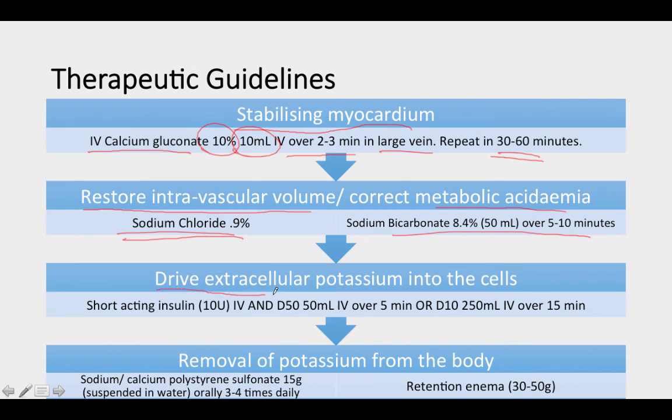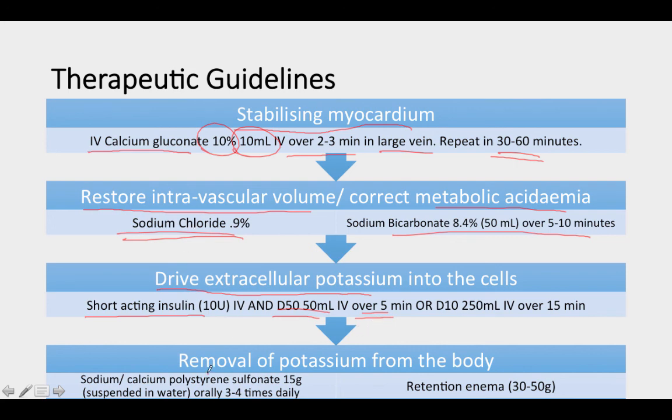Then to drive the extracellular potassium into the cells, we use short-acting insulins like Novorapid with D50 dextrose over 5 minutes, or we can give lower concentrations of dextrose over longer periods of time. So that's driving the potassium into the cells.